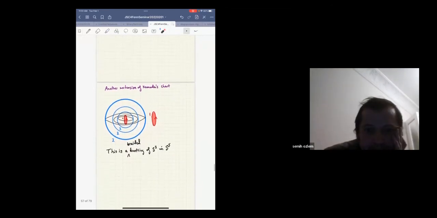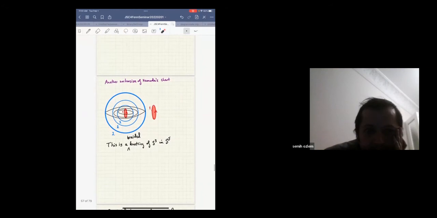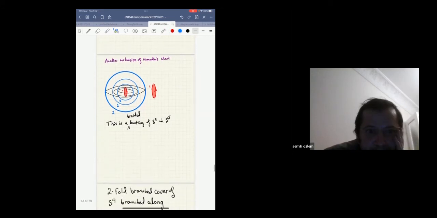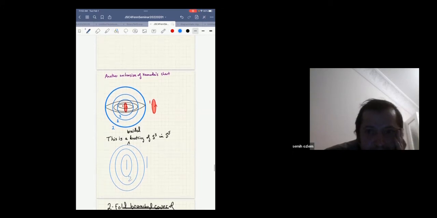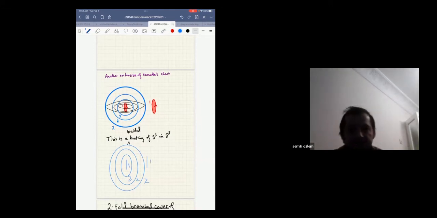So let me extend Seiichi's braid chart. Remember that we had this braid chart before, which consisted of 3 concentric circles and 2 arcs. And these circles were labeled 2, 2, 2, and these arcs were labeled 1 and 1.